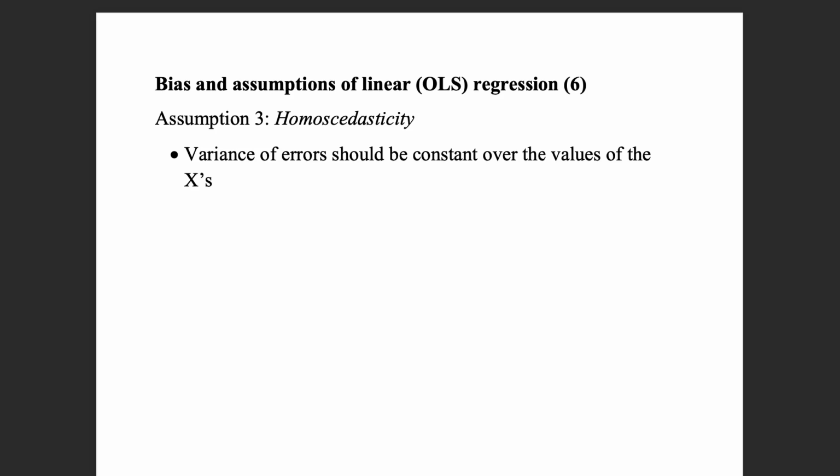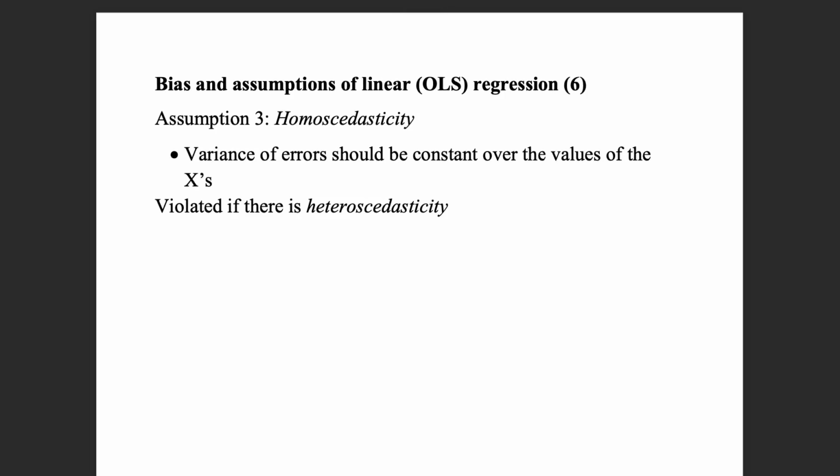In other words, no matter what the value of our x variables is, our predictions are always more or less equally good. We are always more or less equally able to predict the dependent variable, and it's not a situation where on certain ranges of our x variables our model does a better job at predicting the dependent variable than in other ranges. So that is the assumption of homoscedasticity.